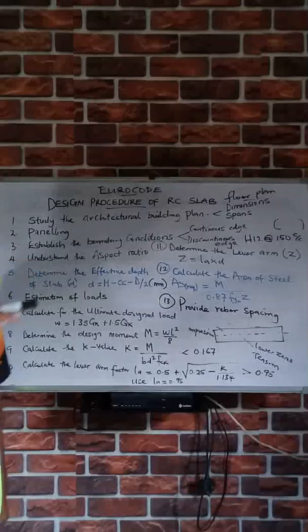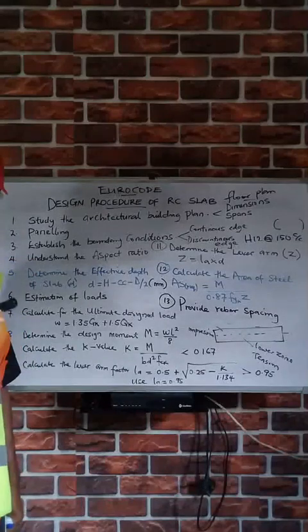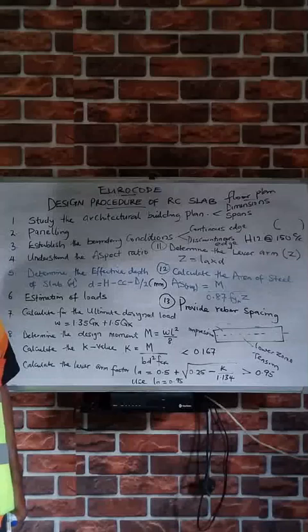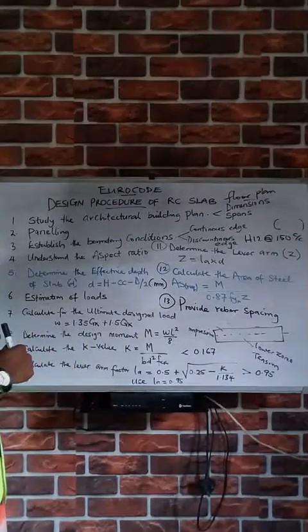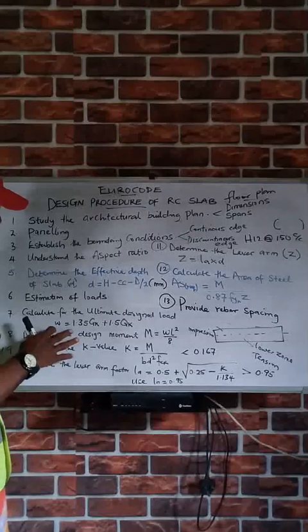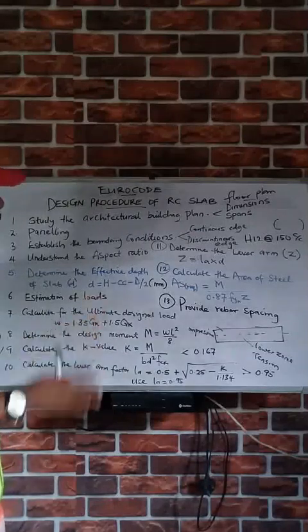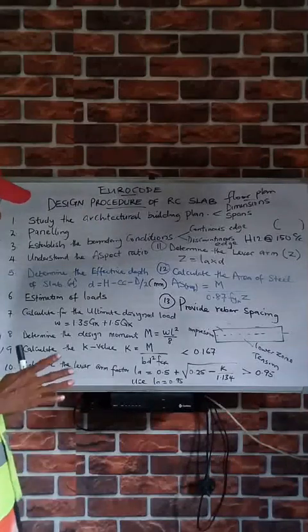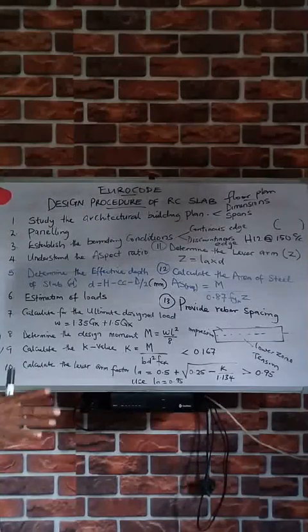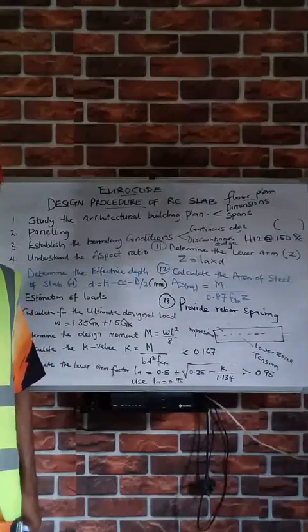It's considered all through the area of that entire slab. So any of the partitions that you're designing, you design that panel based on this ultimate design load. Okay, so basically, like I said, these are the steps that we need to follow in designing our RC slab.